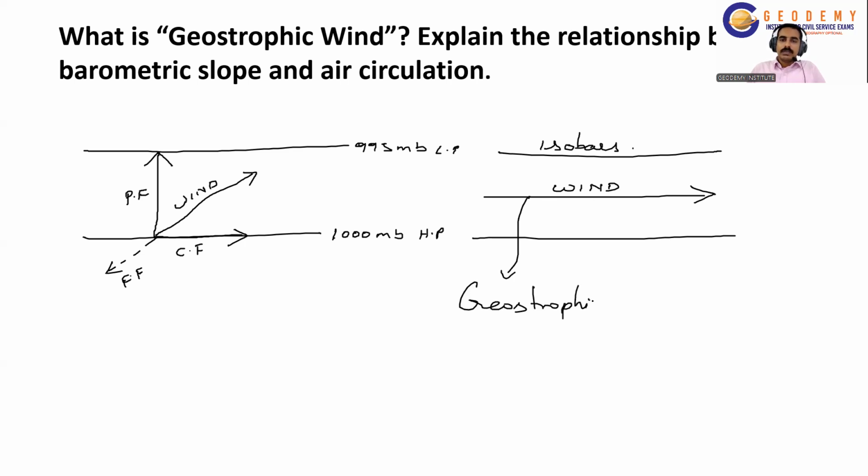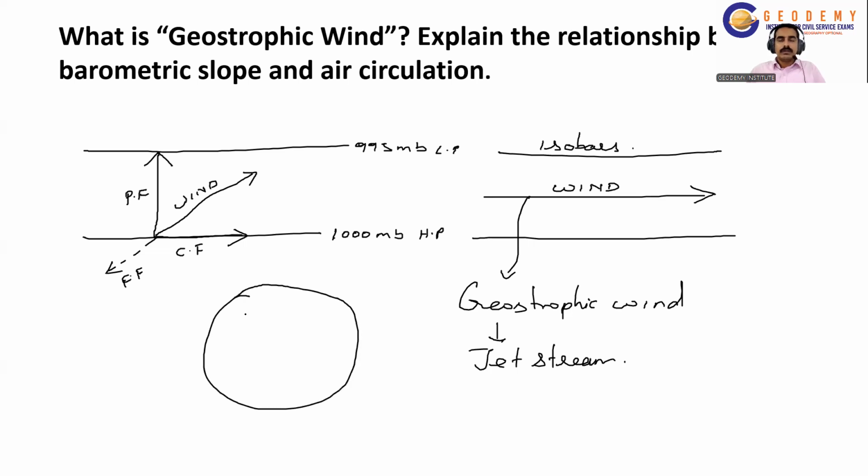Thus, we should explain here simply. The best example for the geostrophic wind pattern is the jet stream. We know the jet stream blows in the high altitude in the upper troposphere from west to east, not from south to north or from north to south.